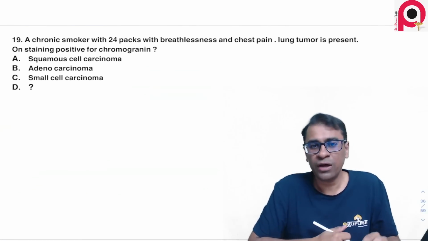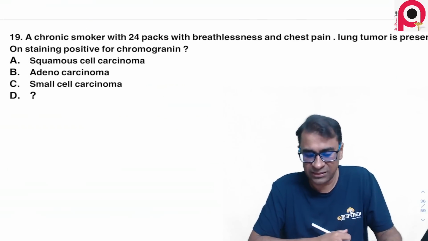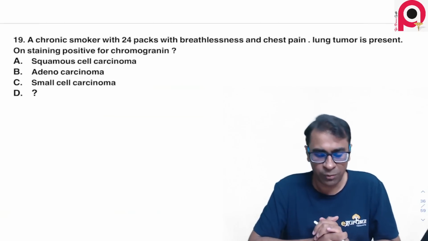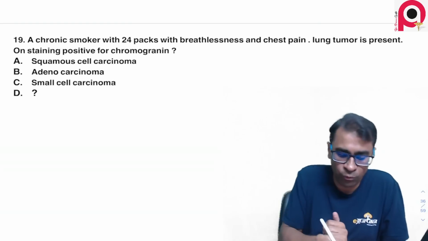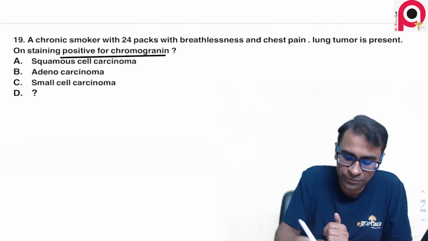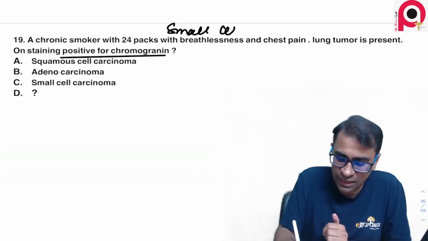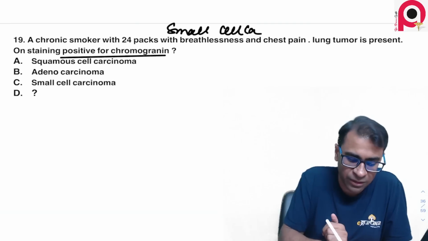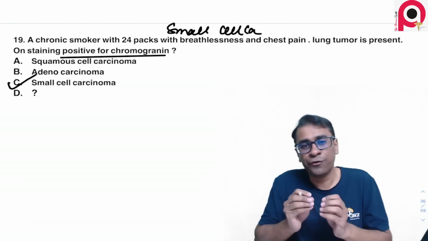A chronic smoker with 24 pack-years, with breathlessness and chest pain. A lung tumor is present, staining positive for chromogranin. Here comes chromogranin. So this is actually a case of small cell carcinoma, because it is showing chromogranin.